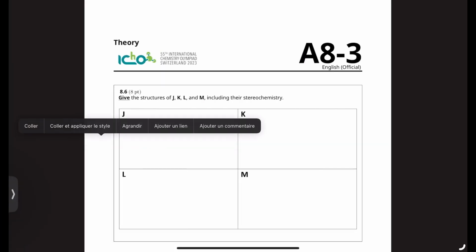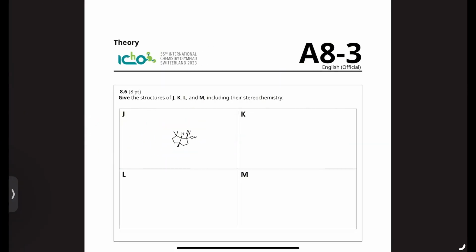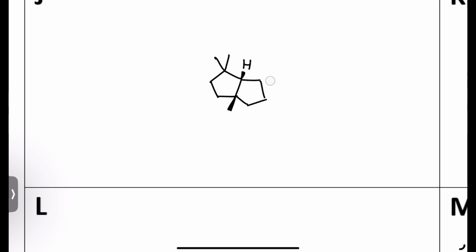And then J will be your final group right there, right? Because we did conjugate addition. And then your ketone right over here. And don't forget to indicate its stereochemistry.